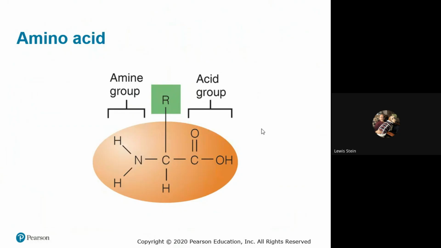Voila. Said structure. Essential carbon, double bond OH, the acid, NH2, the amino group, another hydrogen here, all different, and the R group. And again, the R group can be one of 20 different things, 8 of which most authors agree, 9, I think, from this author, that we have to acquire through diet.